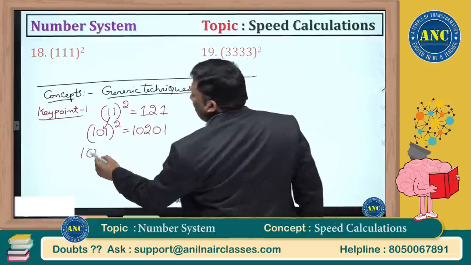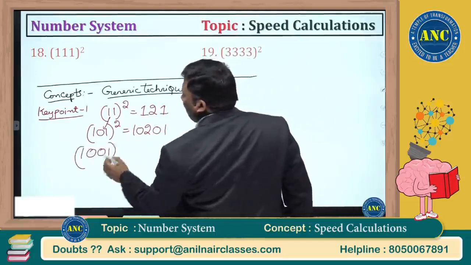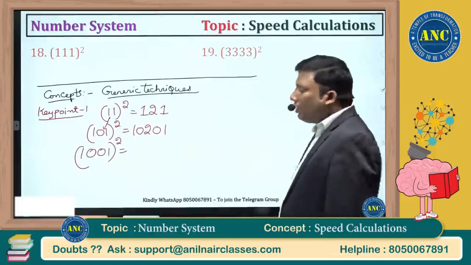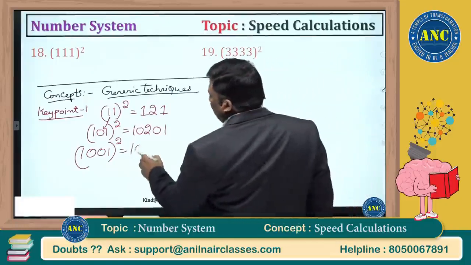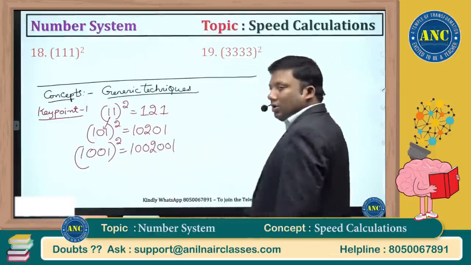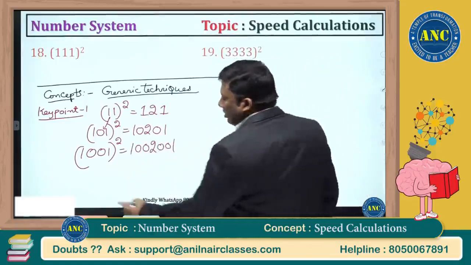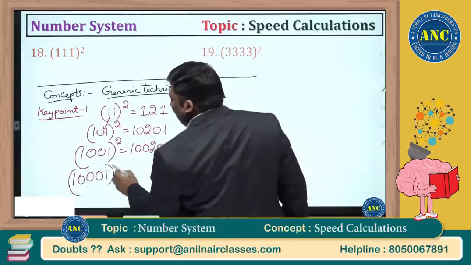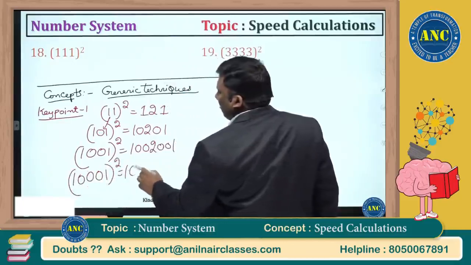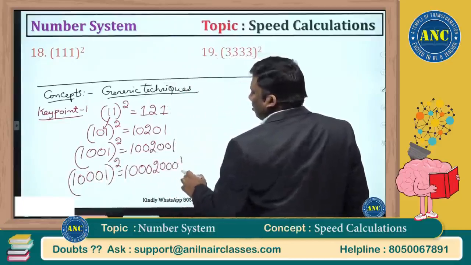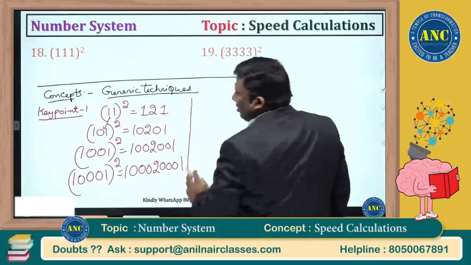Suppose it is 1001 square: between the two ones I keep two zeros, so it is 1002001. If it is 10001 square, between the two digits keep 3 zeros. Very interesting generic technique.